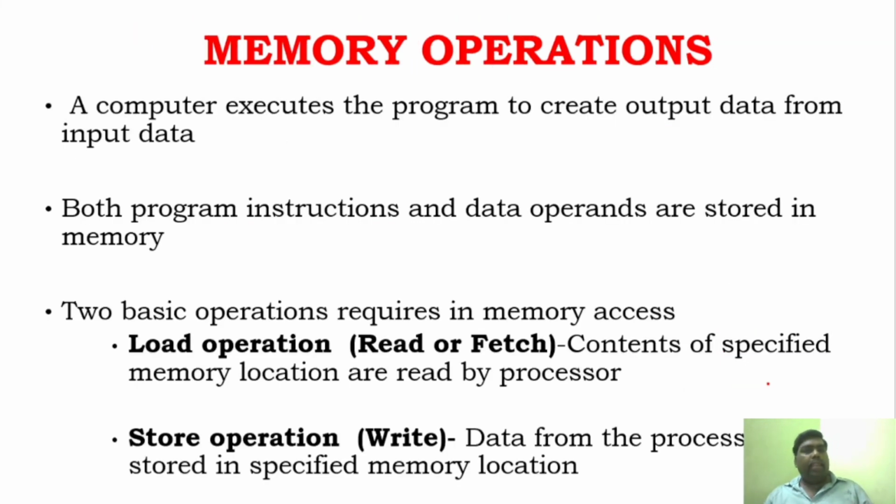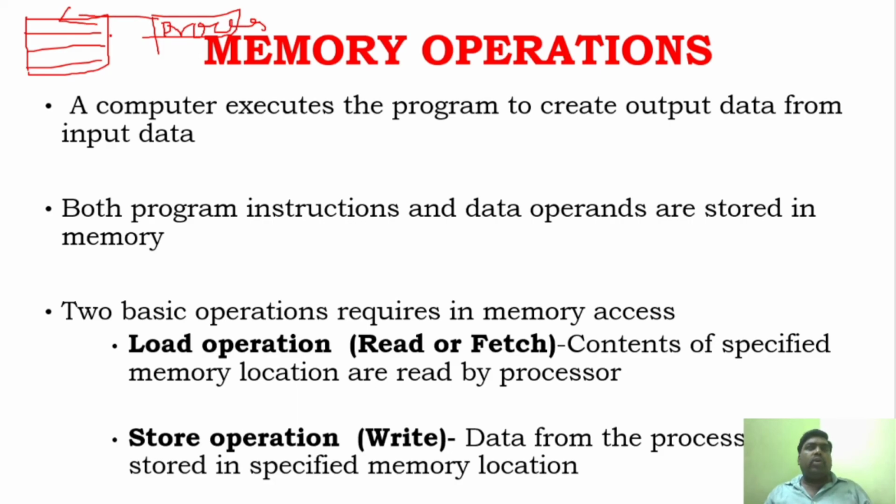The very important thing in this concept is memory operation. We know that the computer performs all operations based upon the instructions stored in the memory. The list of instructions is called a program, and inside the program you will have data and variables, called operands. All operations are carried out in the processor, but the instructions are stored in the memory.